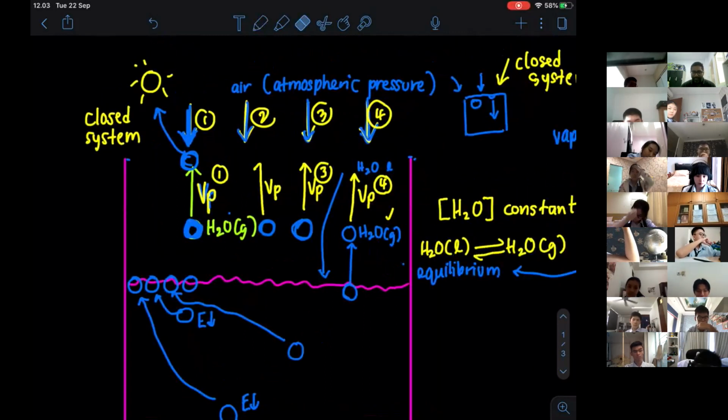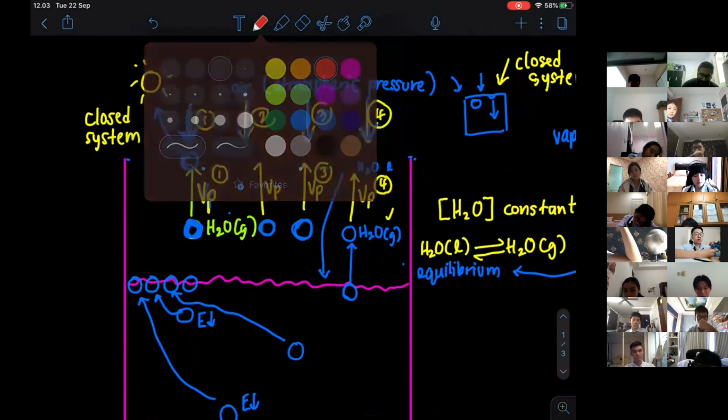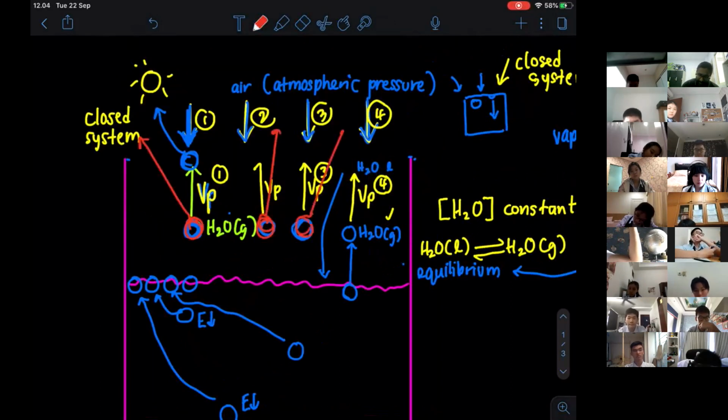You can see now on your screen, there is no barrier, no dotted line. So all the water molecules now have an equal opportunity to escape to the environment. All of them will have enough energy to escape to the environment.